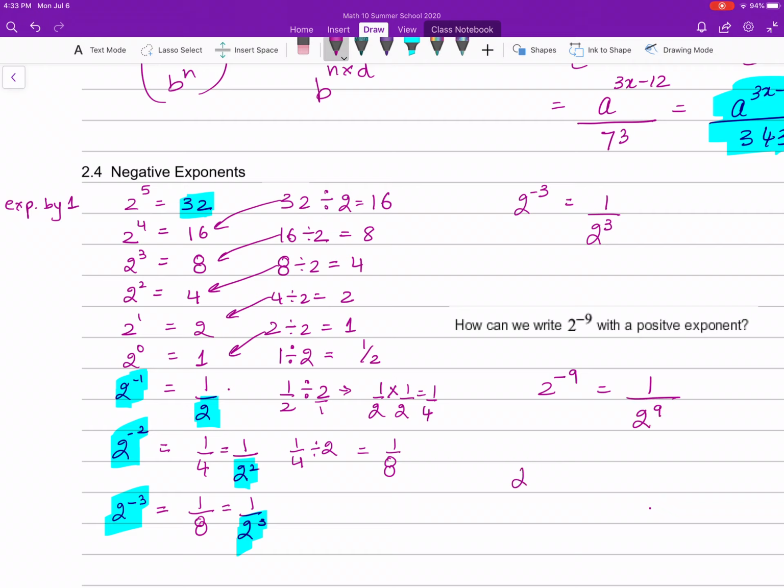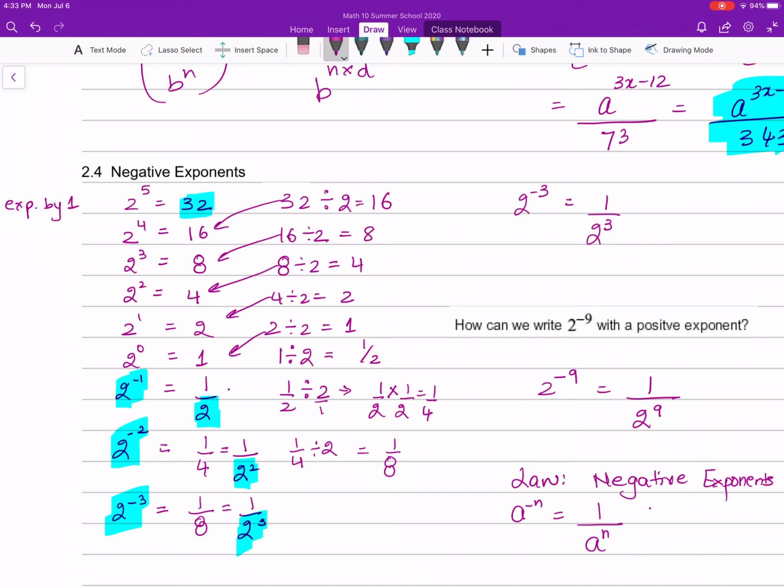This is the law of negative exponents. So whenever you have negative exponents, we always give our answers in positive exponents. So whenever you have an expression with a negative exponent, you always write it as 1 over a to the power n, and it becomes positive.